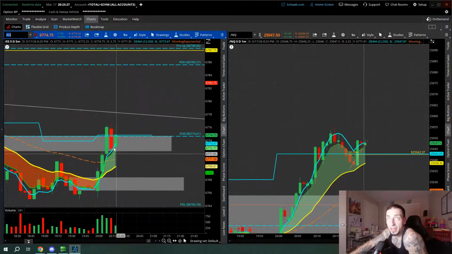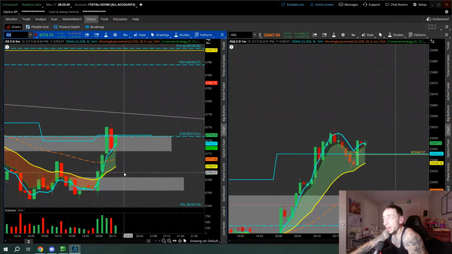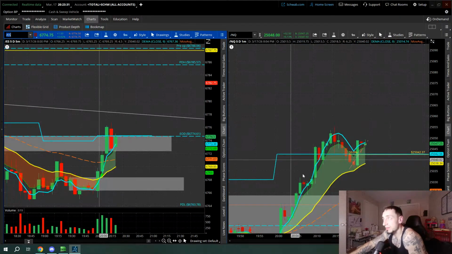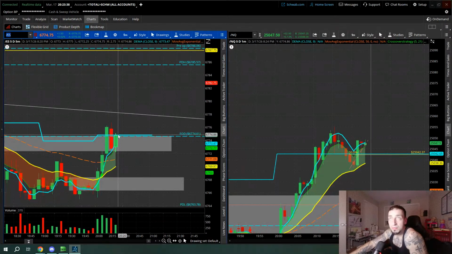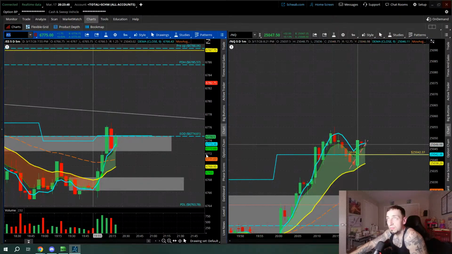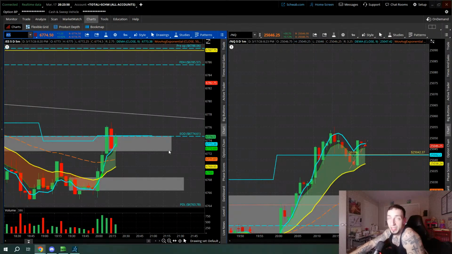We could get a mega 5-minute RBI right here, potentially, on both of them. That 2-minute looks crazy.